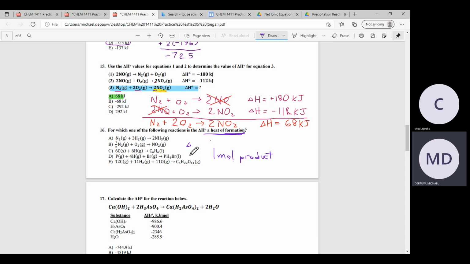So a heat of formation is the enthalpy accompanying the formation of 1 mole of a substance from elements in their elemental state. So which of these equations is a heat of formation? One of these you could automatically rule out just by looking at the product. Which one of these is not an enthalpy of formation reaction?